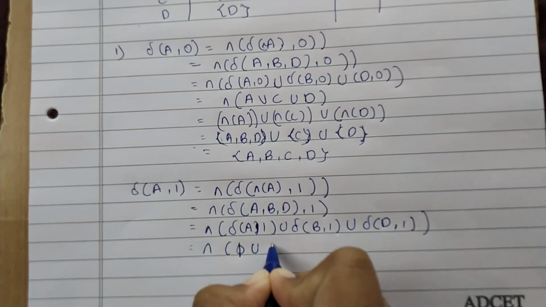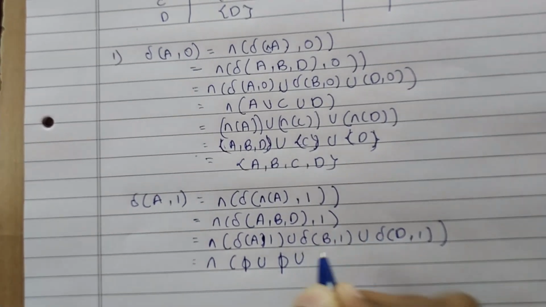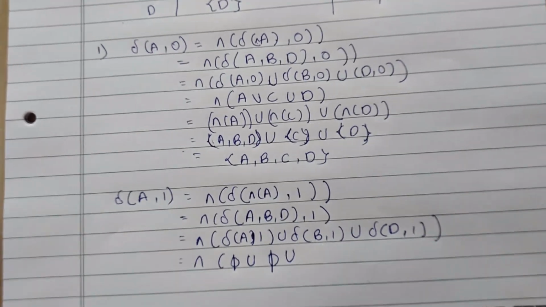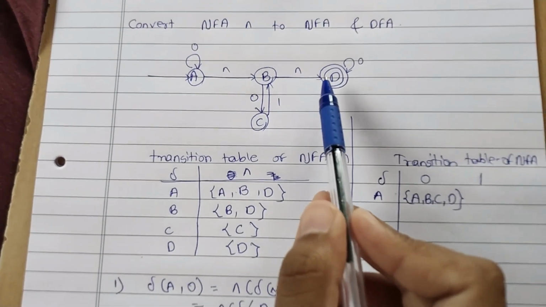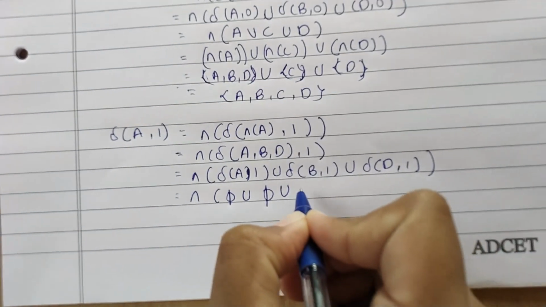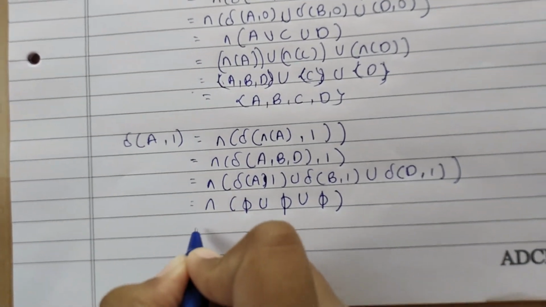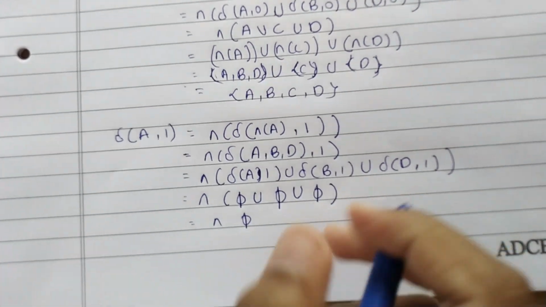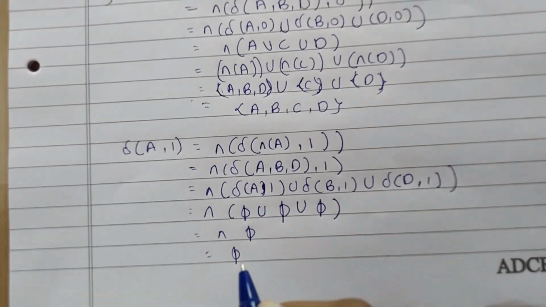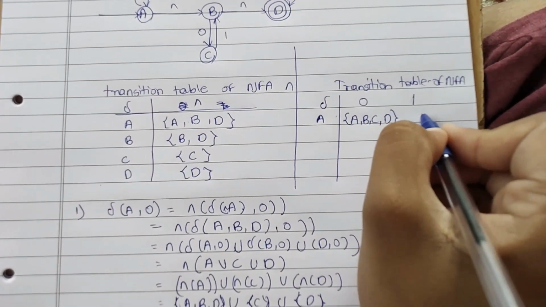So we write here phi because B does not transfer on 1 anywhere. Now union D, 1: again D does not transfer on 1 anywhere. So here again the value is empty phi. So this is nothing but null phi, and null phi means again phi. So A, 1 is phi, meaning null value. So we write here phi.